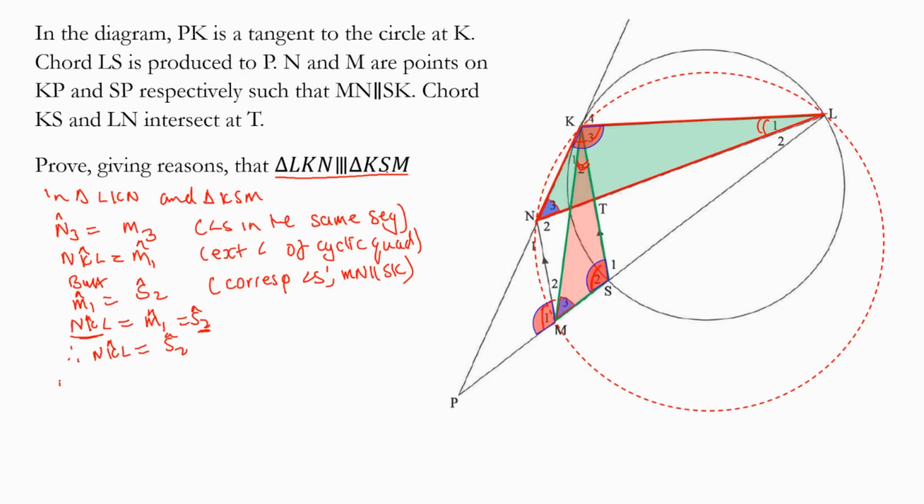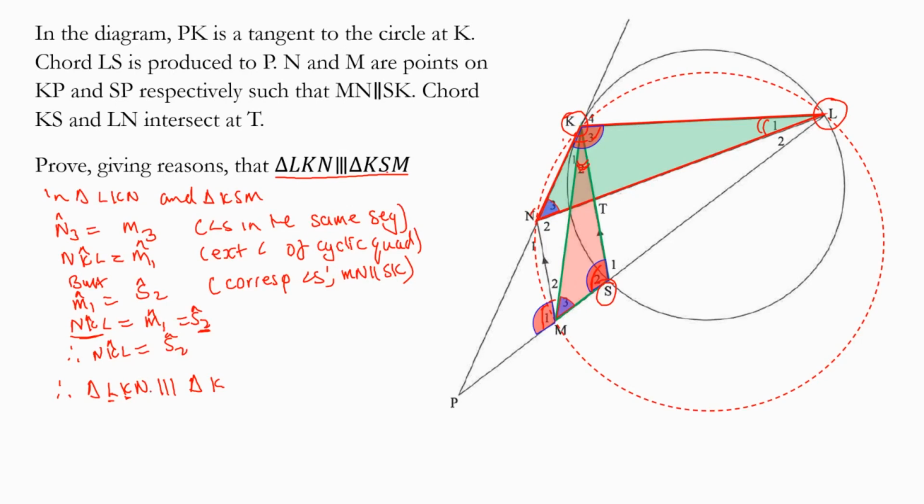So now we can say, therefore, triangle LKN is similar to triangle KSM. L goes with K, and NKL goes with angle S. For the first K there was K2, please don't make a mistake with that, but now this K, we're talking about the whole angle NKL.